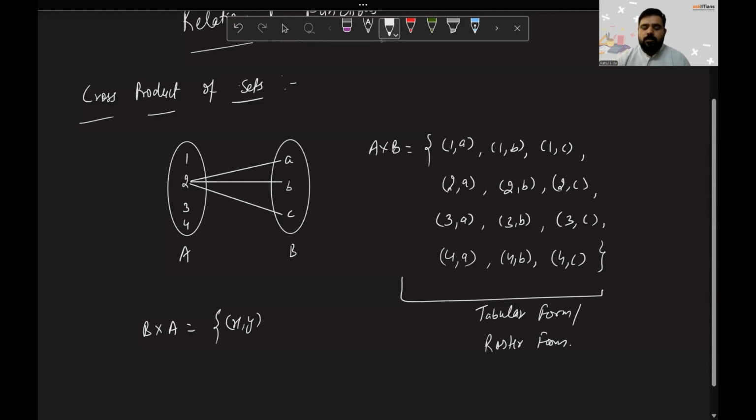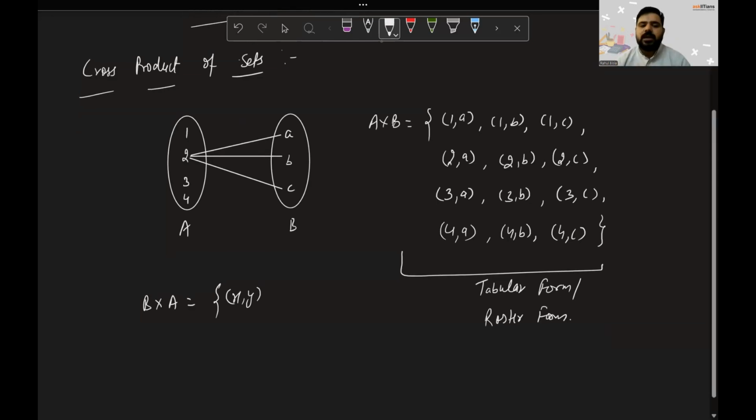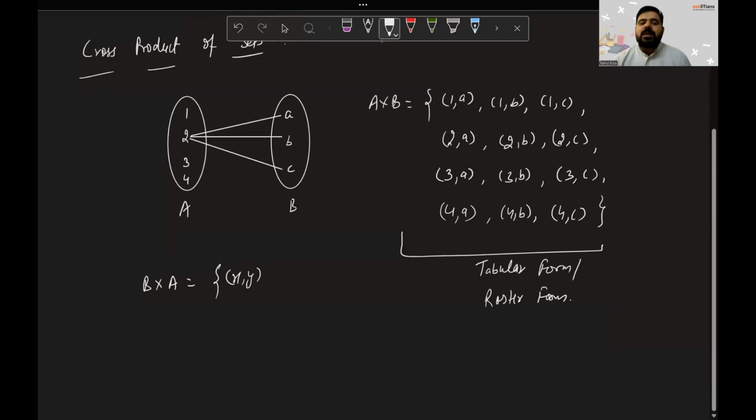Right. The second form that I'm writing in brief is the set builder form. So we are looking to find ordered pairs (x, y) such that x belongs to set B, meaning x is coming from set B, and y is coming from set A, right? So these ordered pairs we are looking for. This is giving us the cross product.